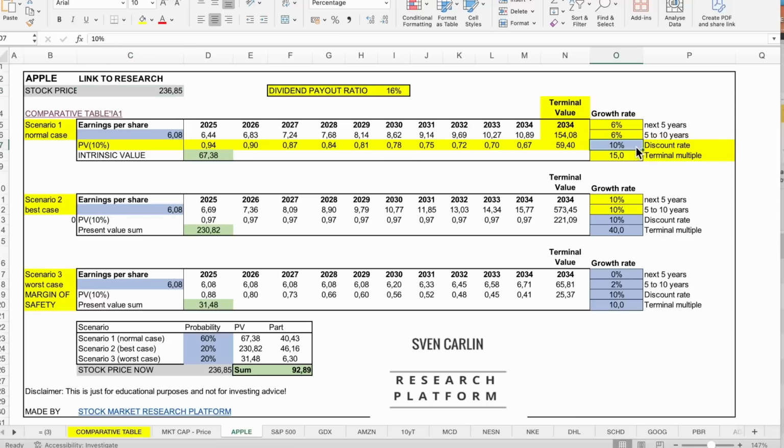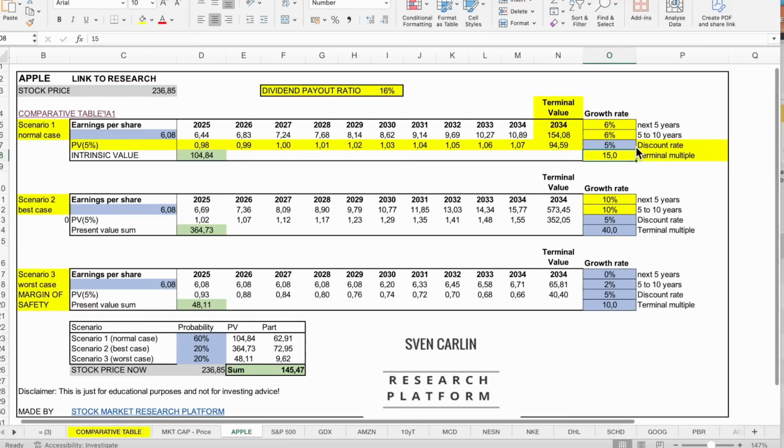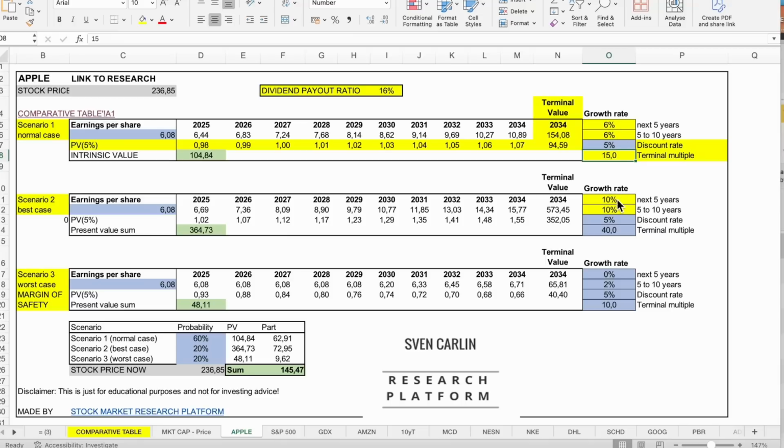Perhaps they are using a 5%, let's say, discount rate to compare it to the 10-year treasury, and a lower growth rate, I don't know, perhaps 8%, but that's something you can play around with in time, and then a 30 long-term terminal multiple, and that's again it.